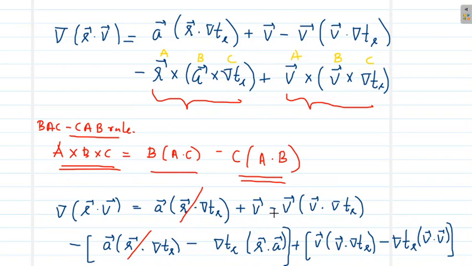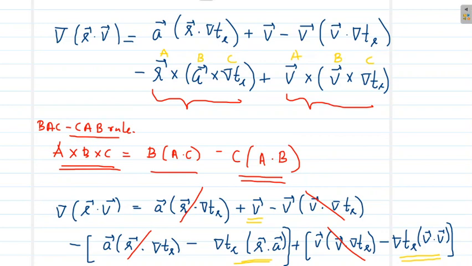Similarly, we have minus v bar into v bar dot del tr, and here plus v bar into v bar dot del tr. They will also cancel out. So the only terms that remain are v bar, then del tr into r bar dot a bar, as well as minus del tr into v bar dot v bar.